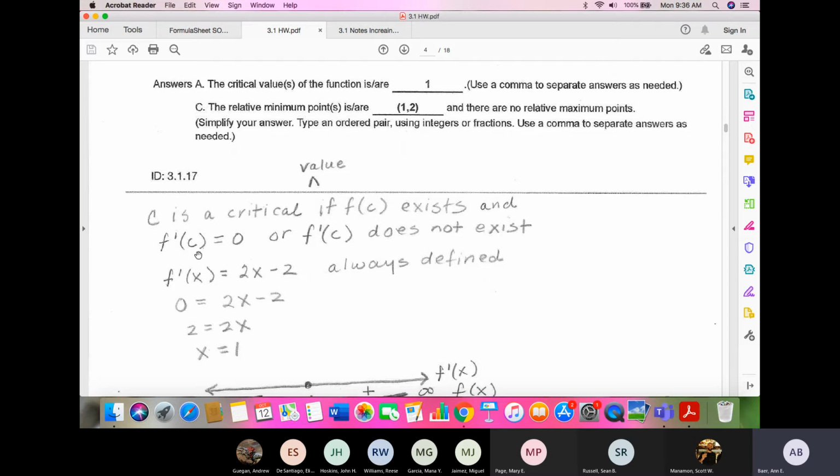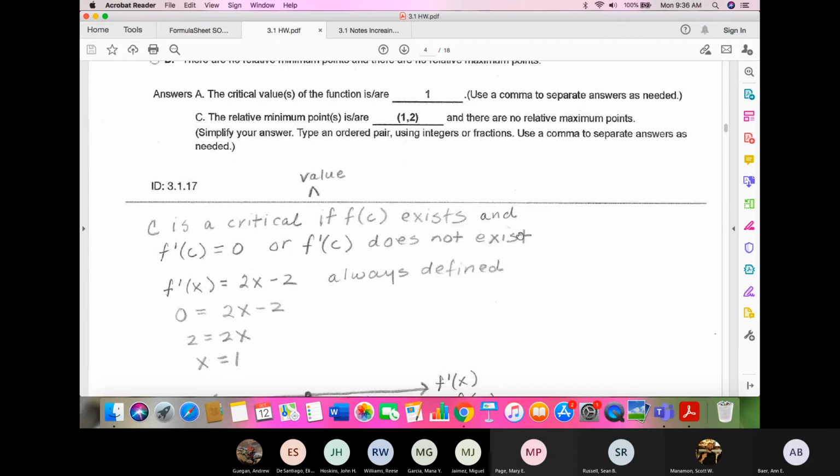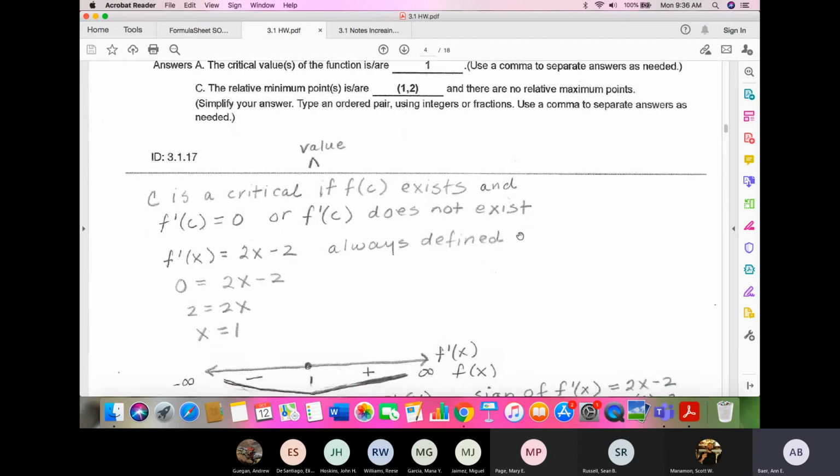And the first derivative at that critical number is 0, or the first derivative at that critical number does not exist. We look for critical numbers because we're looking for relative extrema, and critical numbers are the only candidates for relative extrema.